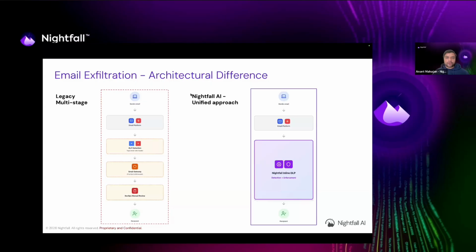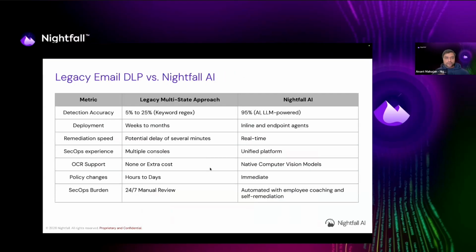It could be automated blocking, automated encryption based on the full context of that outgoing email. You could just set it up in a monitoring-only policy, so that all of that is completely up to you. And we do that not just on Gmail, but also on Exchange Online. There are millions of emails that we scan on a monthly basis, and we're helping several customers secure those emails on a daily basis.